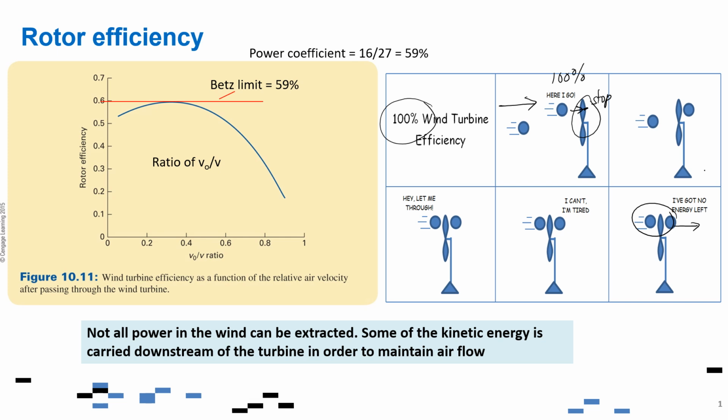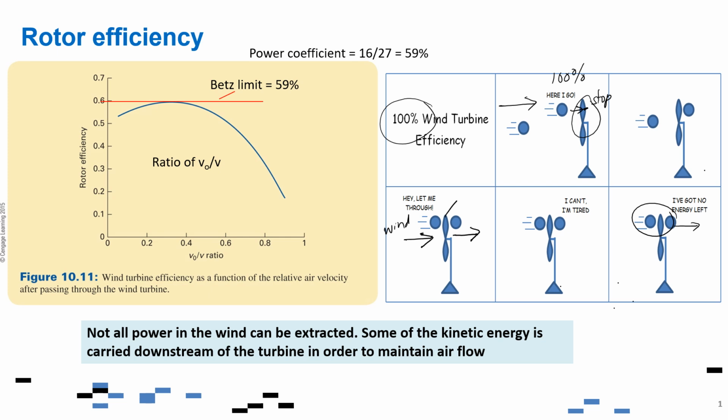Now, if you don't want to block, or you just want to block as little as possible, so it means that, for example, on this side here there's a wind, and then this is the turbine here, the rotor blade, and you allow as much air as possible to pass through the turbine. That is also not an ideal case.